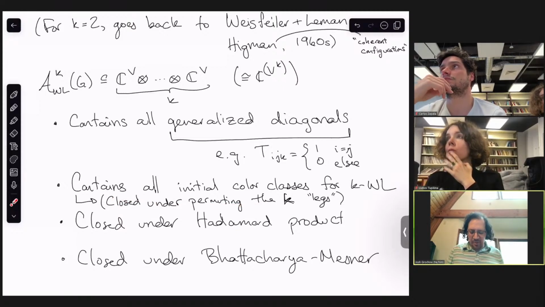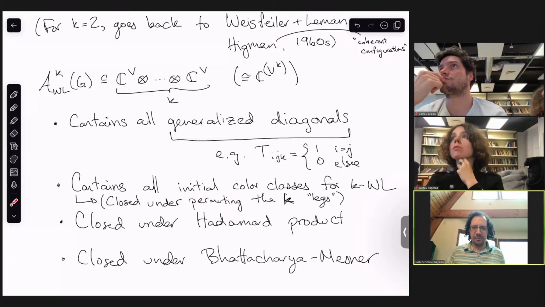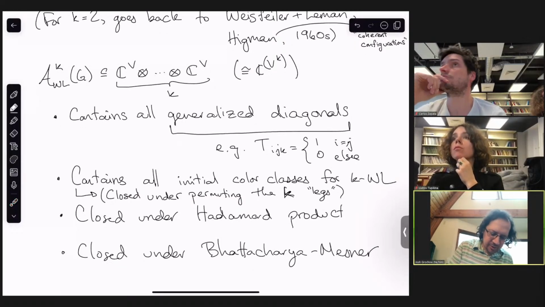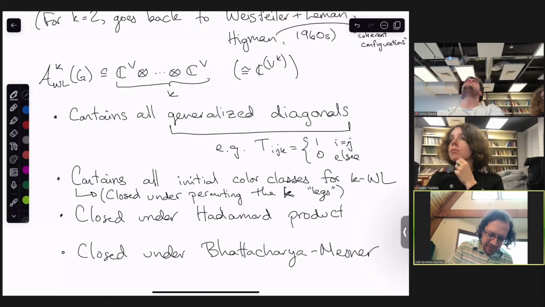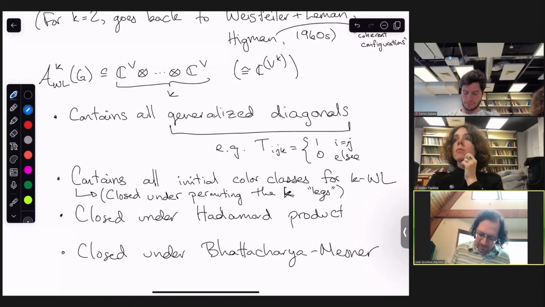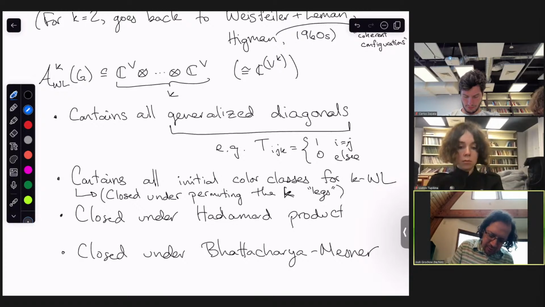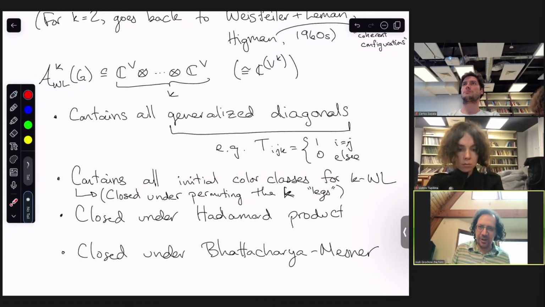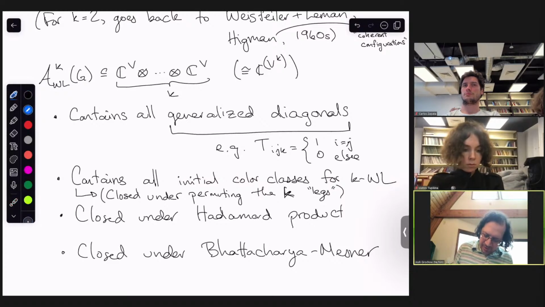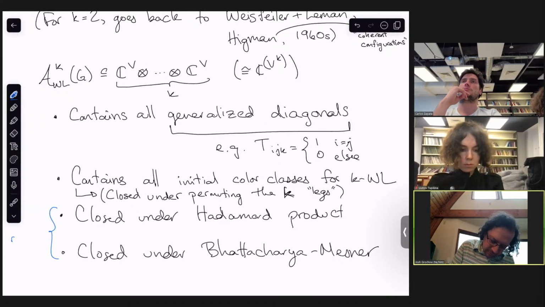It should be closed under Hadamard product, and it should be closed under the Bhattacharya-Mesner product. And the claim is, just like before, that this one, by definition, gives you the initial color classes. But the claim is that these two let you do refinement.